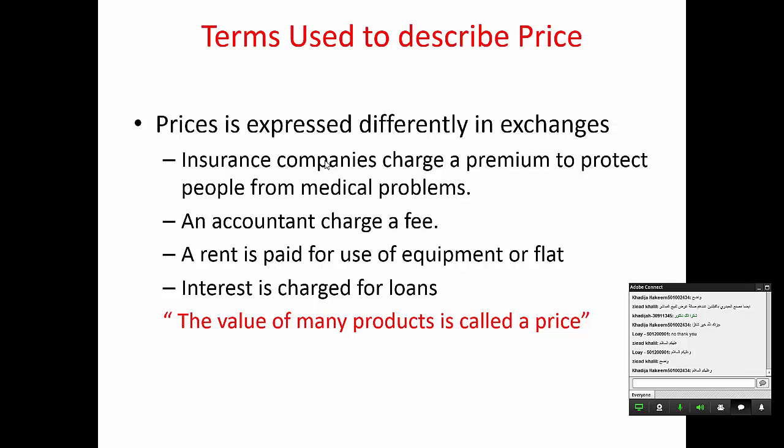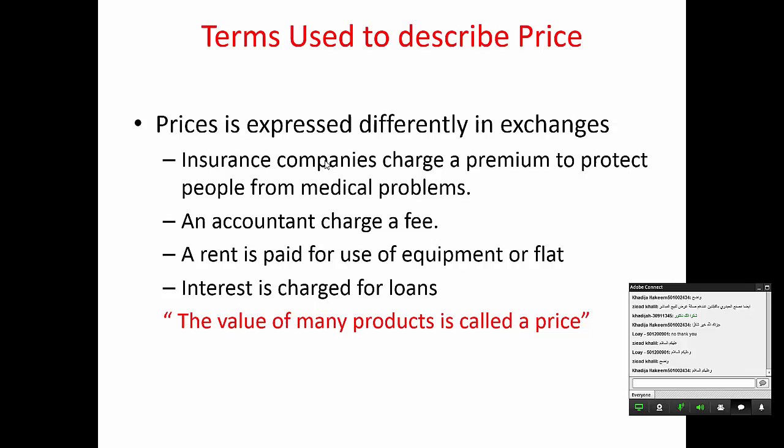And as you know, the price can be named as a price for the product, or can be named as a charge, for example, for a traffic violation, or can be known as fees for accounting services or for any other services, or can be known as rent.